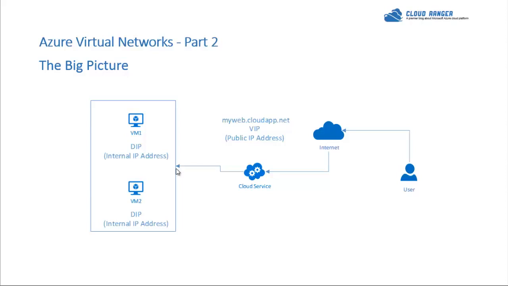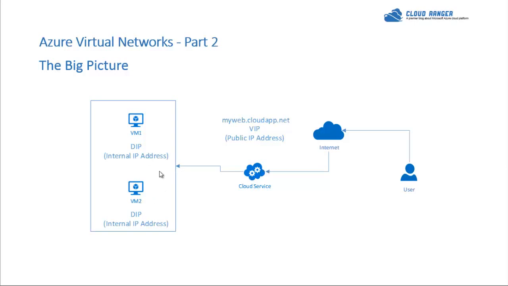So that's one of the reasons why you would have one single cloud service contain multiple virtual machines. This is from a load balancing point of view, and that's a separate configuration and a separate session. But that's why you could have a single cloud service with multiple VMs.